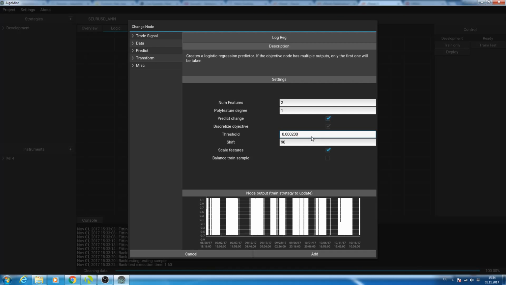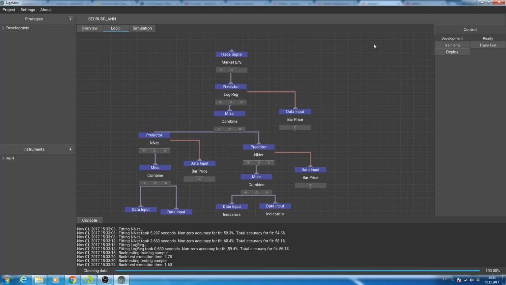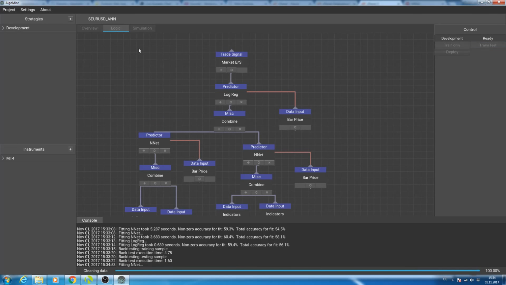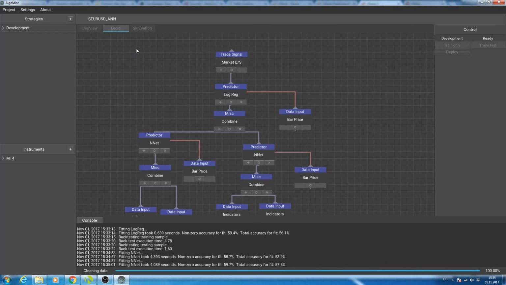So I will set this to 0.002, and I can try to train and test it again and see what this setting changes for the performance of the strategy.